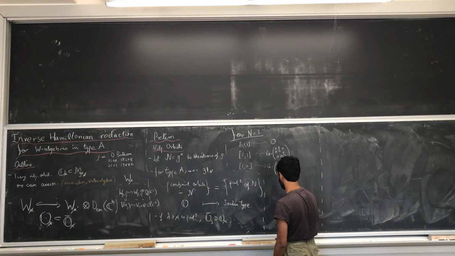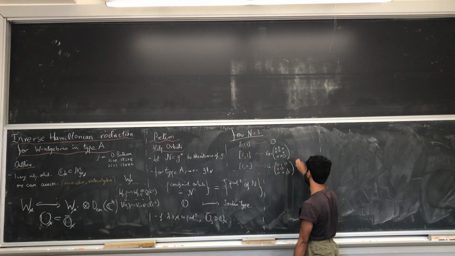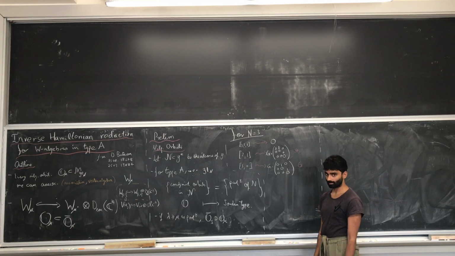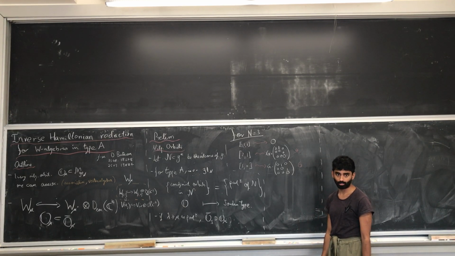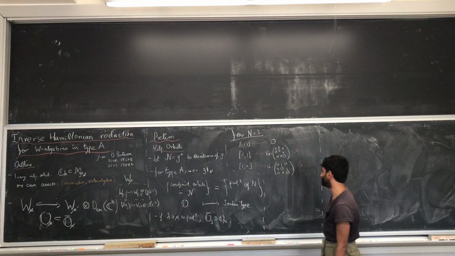Yeah, so the dimensions of the orbits are, this guy has 0 dimensions, this guy has 4 dimensions, and this guy has 6 dimensions. How do you see the dimension? Well, I just know all of these dimensions by heart.